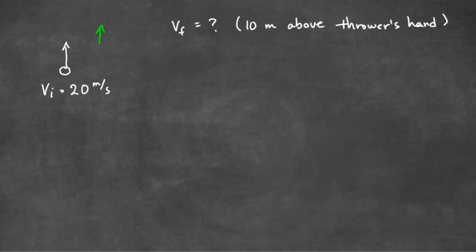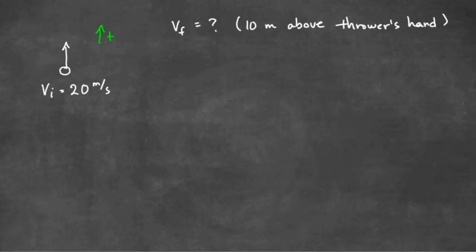Now we're going to solve a free fall problem where we throw a ball straight up into the air with an initial velocity of 20 meters per second. We're going to make up positive, and we want to find the final velocity once the ball is 10 meters above the thrower's hand, before it reaches the peak.